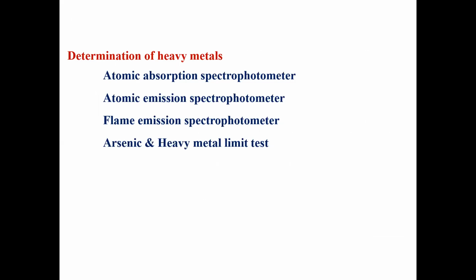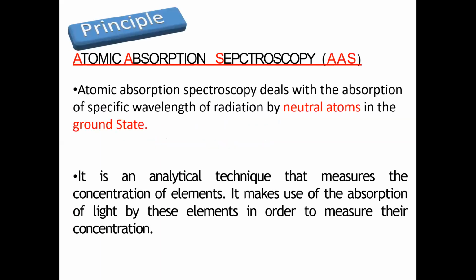The heavy metals can be determined with the help of the following instrumental techniques. One is the atomic absorption spectrophotometer, then atomic emission spectrophotometer, flame emission spectrophotometer, and the arsenic and heavy metal limit test. This is quite limited. Then atomic absorption spectroscopy, AAS.